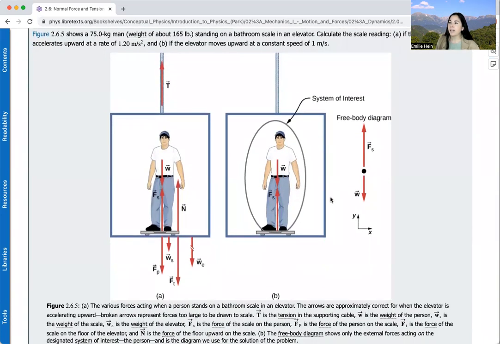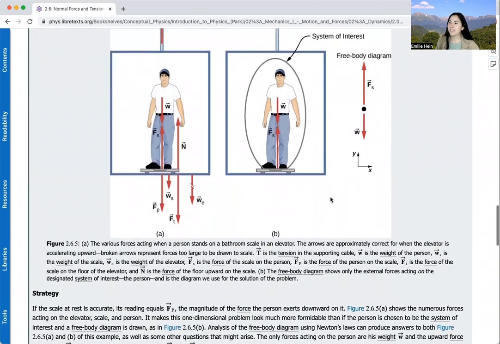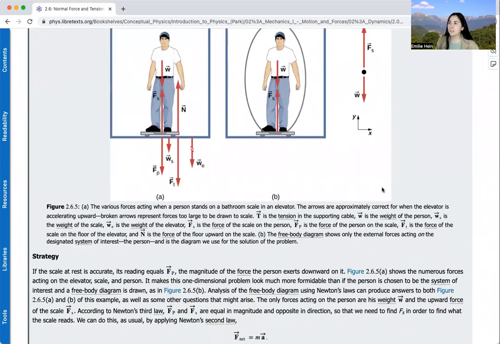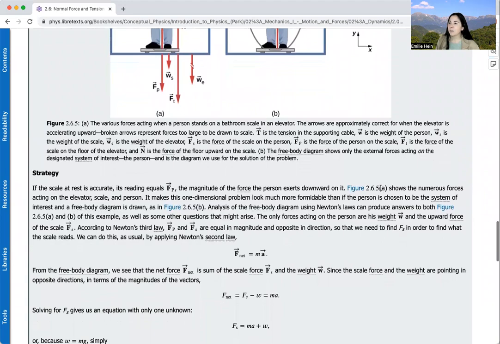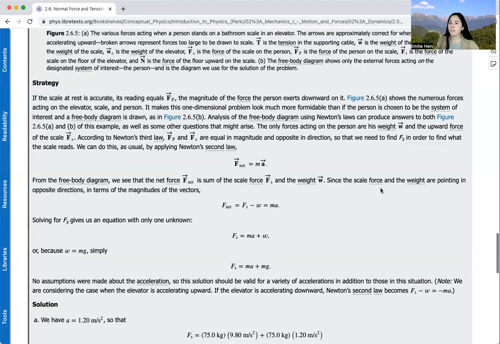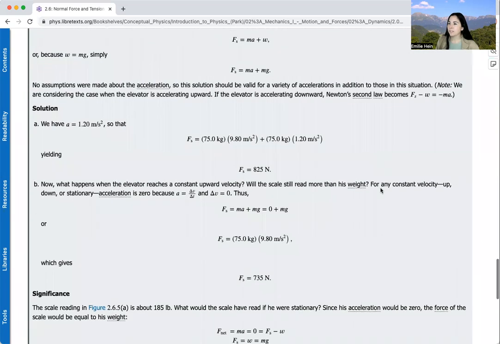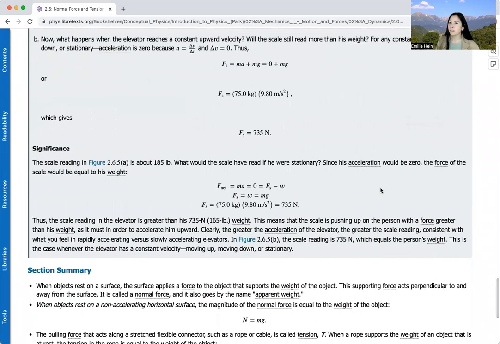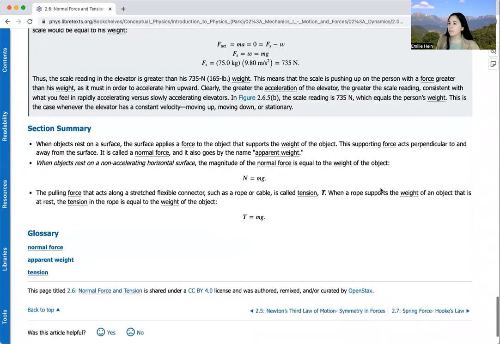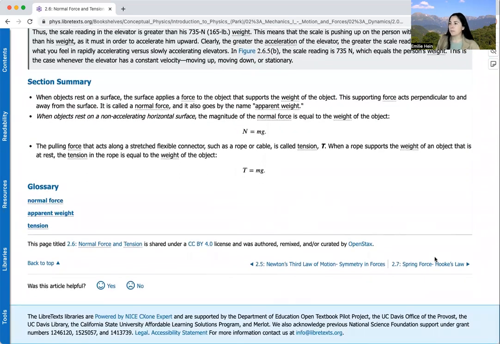All right, and next time you step in an elevator, you can really think about those concepts. Why do you feel lighter or heavier at different times in your ride on the elevator? And that's all explained right here, with the concept of apparent weight.